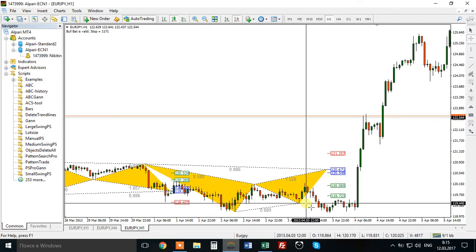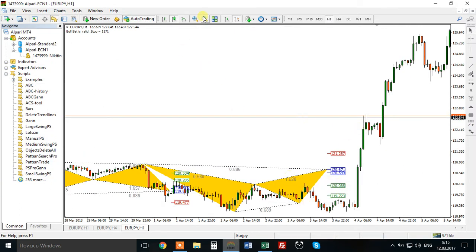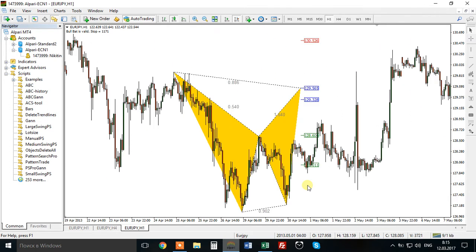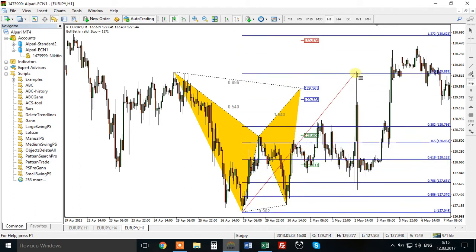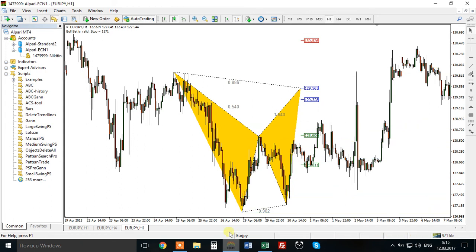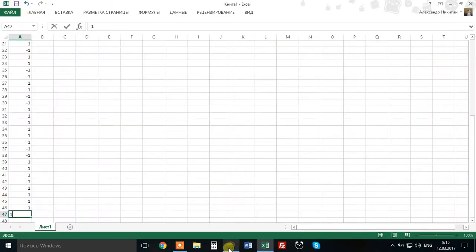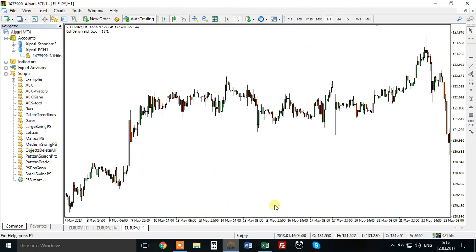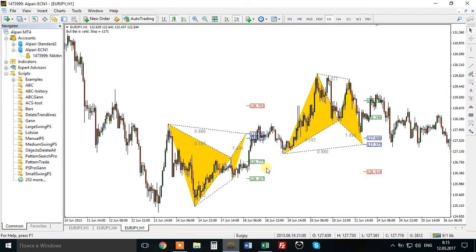Let's go here. Invalidated C point, so we stood away from this. Didn't have any invalidation here, so we spiked through the entry and went to the targets. It was a winner. Okay, let us measure this one.